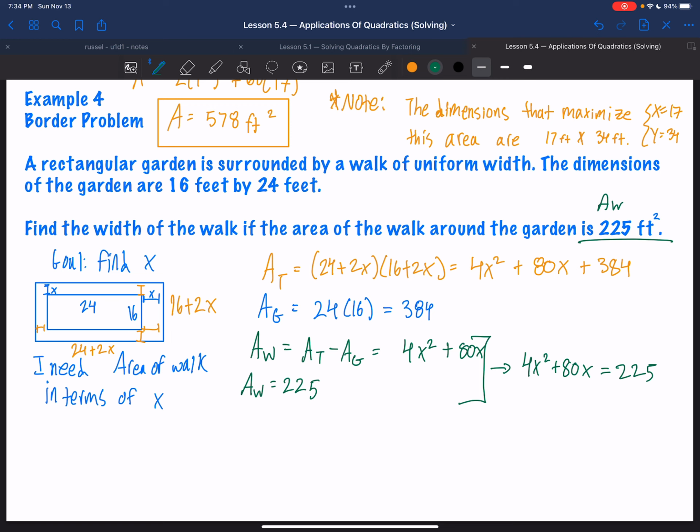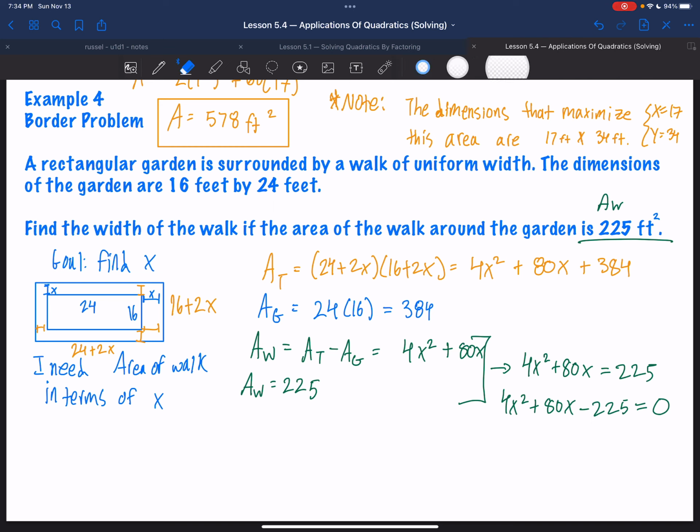This is a standard form equation if I rearrange it, that I can set equal to 0. Right? And now I just want to solve for x, meaning I want to figure out what value of x makes this true. So if you're solving for x, notice this is different from what we were doing in the previous problem. I'm not looking for a maximum area or anything like that. I'm just solving for x.